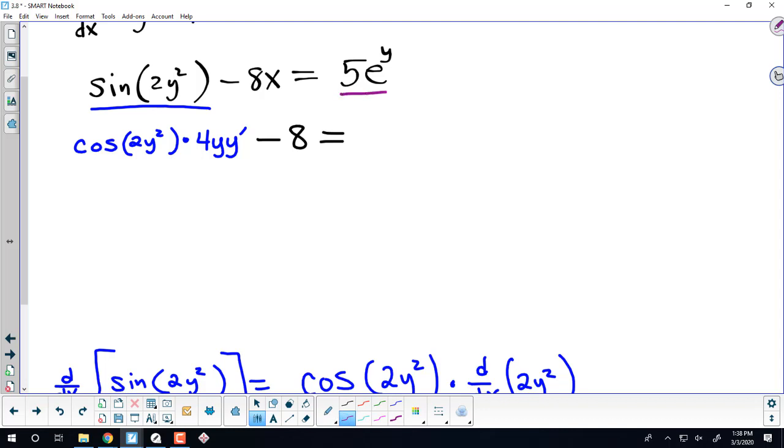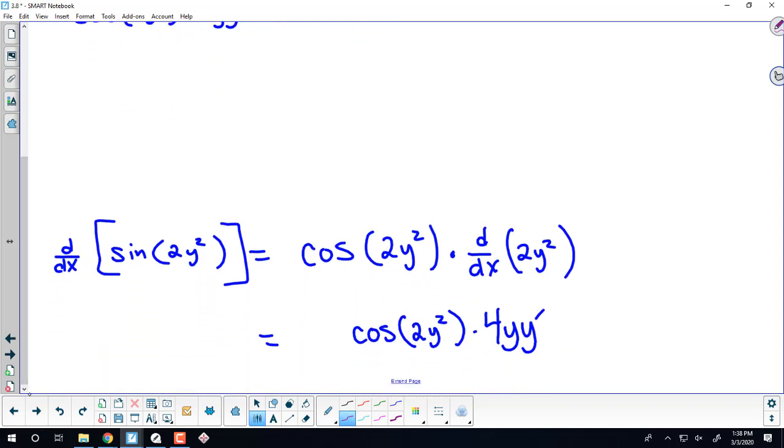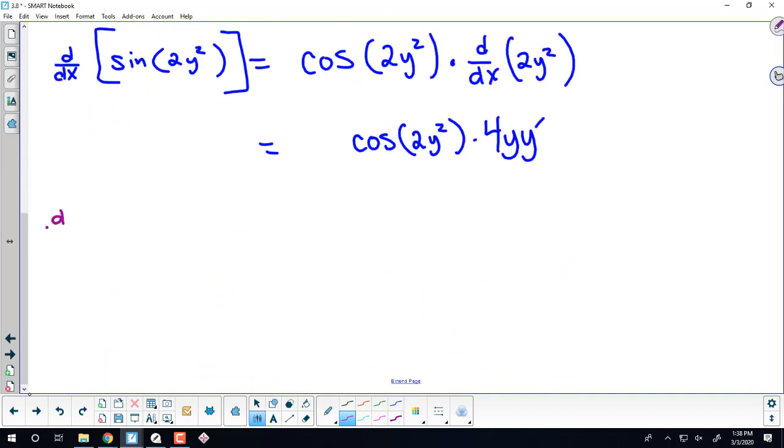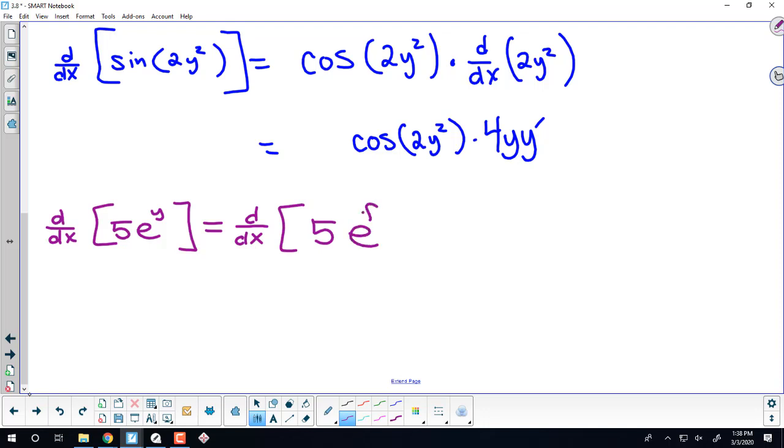What's the derivative of 5e to the y with respect to x? If you need to think of it as f of x instead of y, please feel free to write that in. It's not going to matter what you call y. So the derivative would be 5 y e to the y prime.